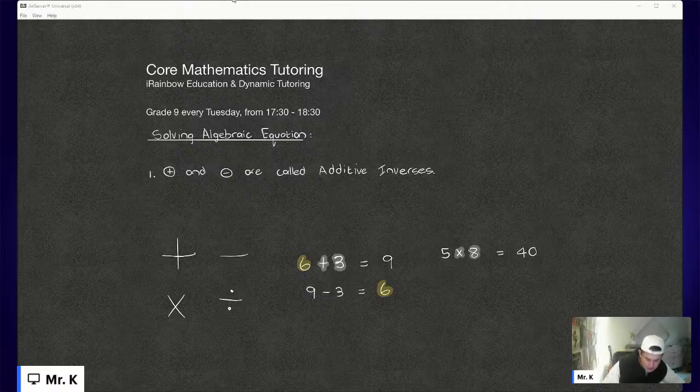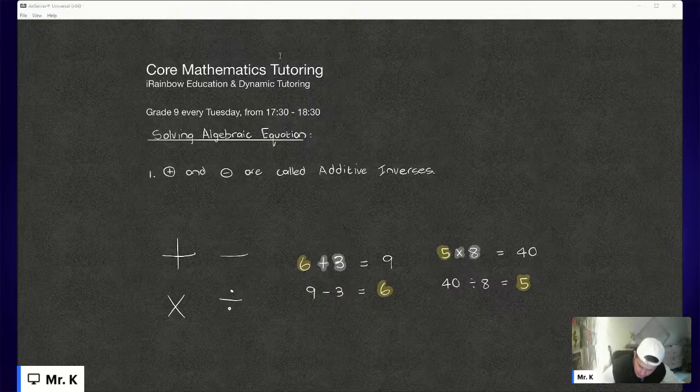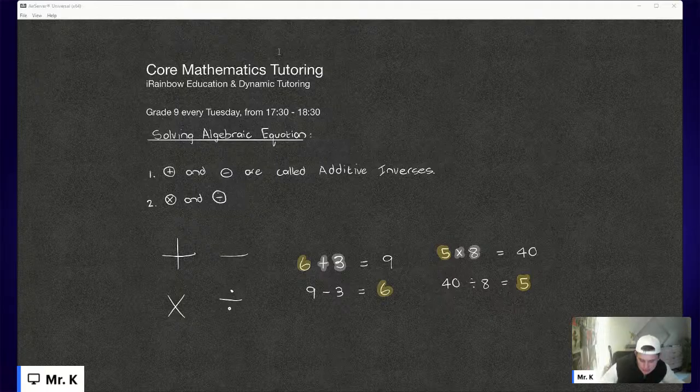So 40 divided by 8 would get me back to my starting point, or my starting value of positive 5. Right? So in the same way that addition and subtraction are considered additive inverses, we also need to keep in mind that multiplication and division have opposite effects, right? They have a tendency to cancel one another out, and these are called our multiplicative inverses.